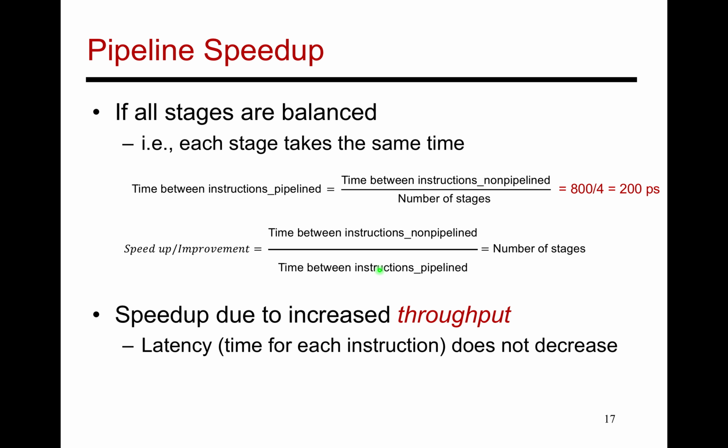So if I replace the time between instructions pipelined in this formula with its definition in this formula, then the time between instructions non-pipelined would cancel out, and the speed up would be the number of stages. In our case, the number of stages is 4, therefore the speed up would be 4.